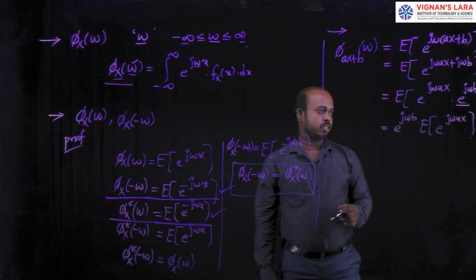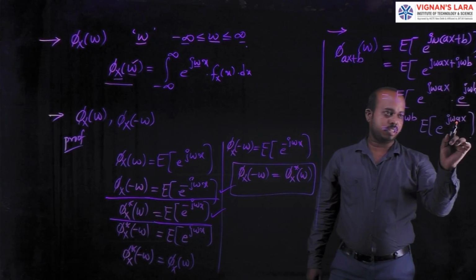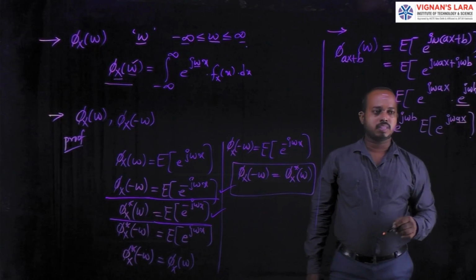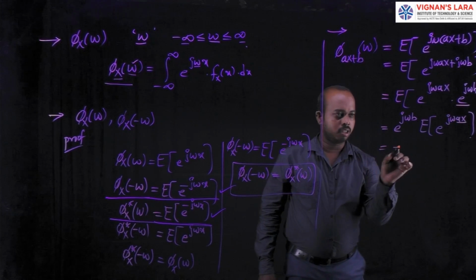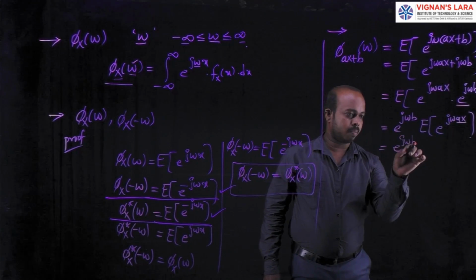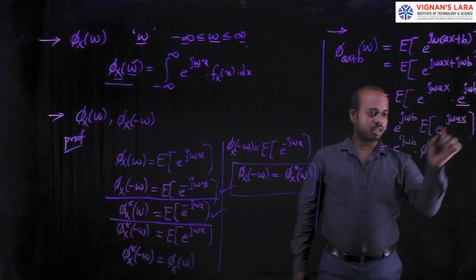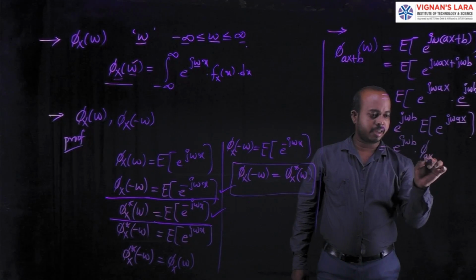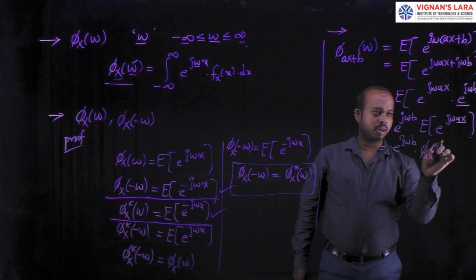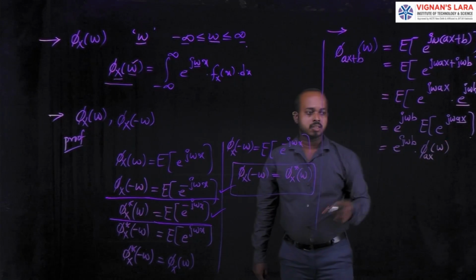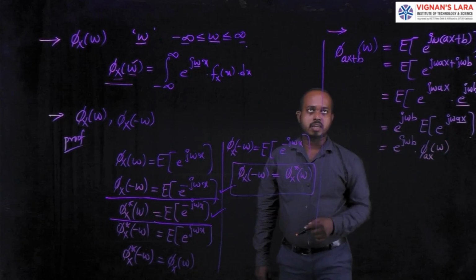Here the x position is replaced by ax. That's why we can write e power j omega b into φ of the total term, here φx of a omega. This is another property of the characteristic function.